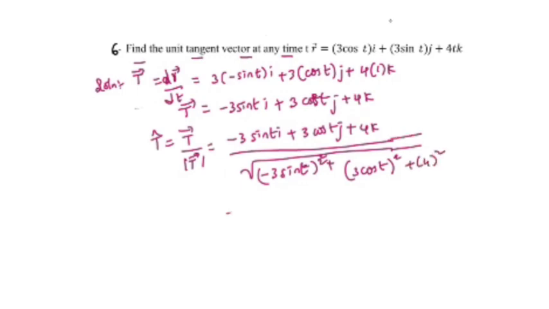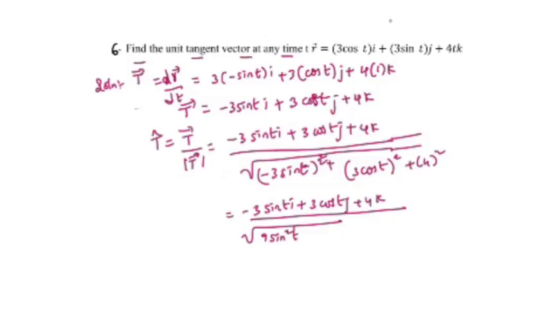So that will be equal to minus 3 sin t i plus 3 cos t j plus 4k divided by root of 3 3s are 9 sin square t plus 3 3s are 9 cos square t plus 4 4s are 16.